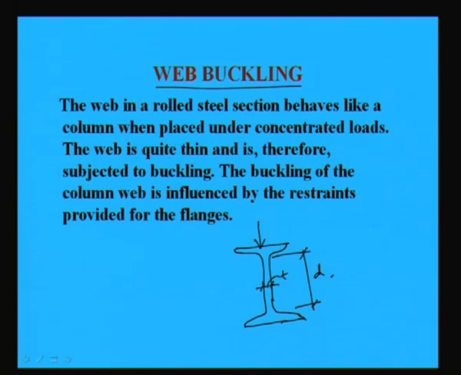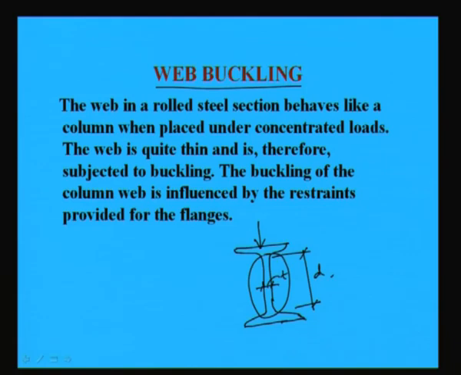Now, when a concentrated load or a heavy load comes into the picture, this portion may buckle, which is called web buckling. So, we have to take care of this web buckling effect also. When designing a beam section using such rolled steel sections, we have to check for web buckling also.